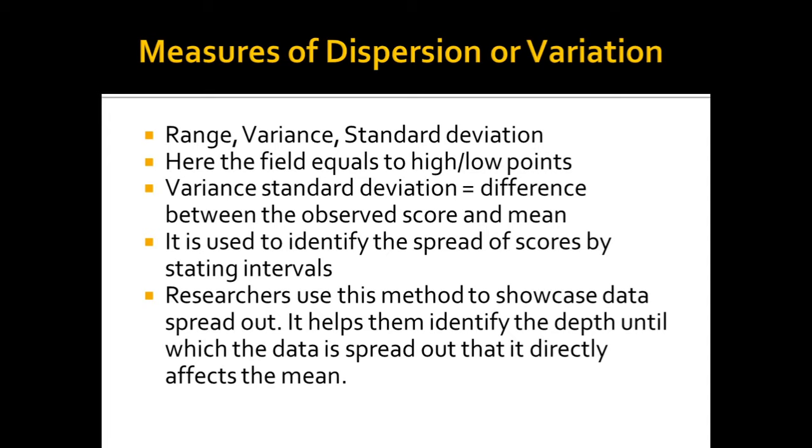If they're normally distributed or not normally distributed, you will know through measures of dispersion. Suppose you calculate Z transformation, then you would know whether your distribution is normal or not. You have learned all of those. Fine. So when you want to showcase how your data is distributed or spread out, measures of dispersion will always be helpful.